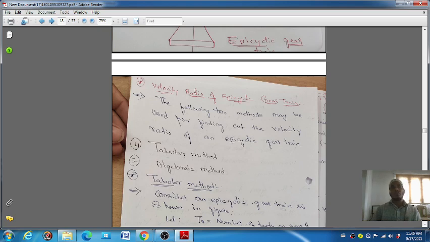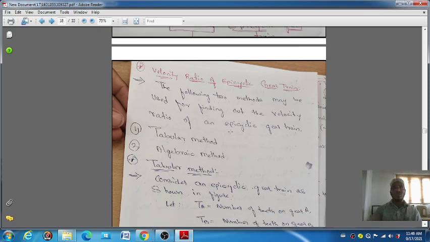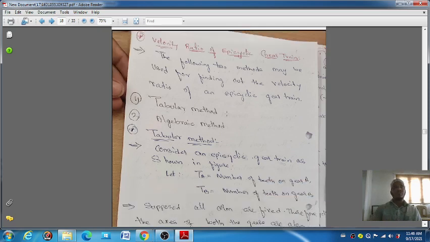Otherwise you have to do the tabular method only, because if you do the tabular method, you will get the 15 marks exactly. Both methods will not be asked in the question. If a specific algebraic method is asked, then only you have to do it.